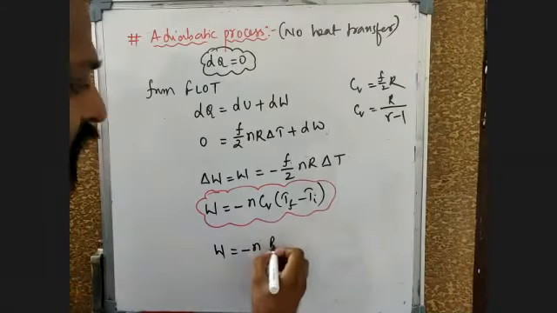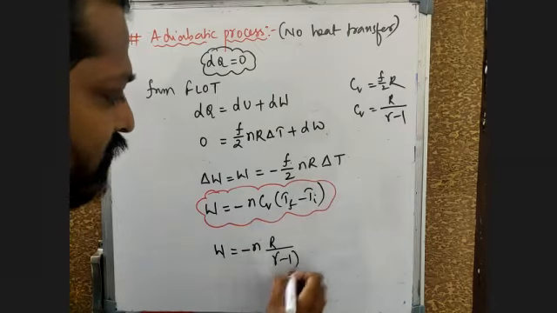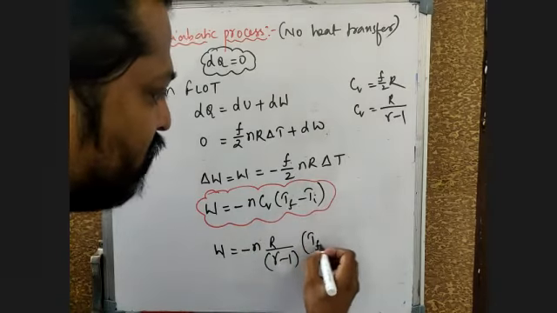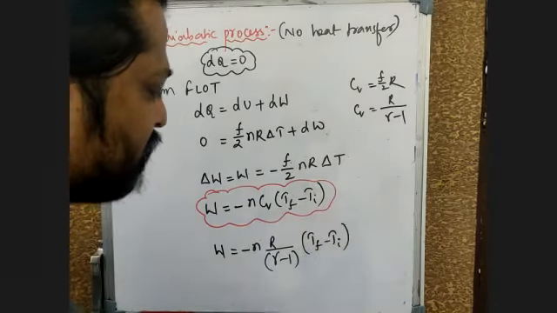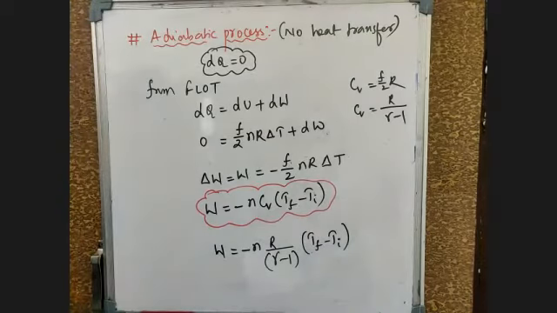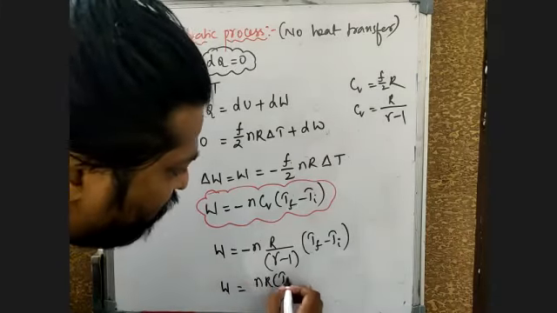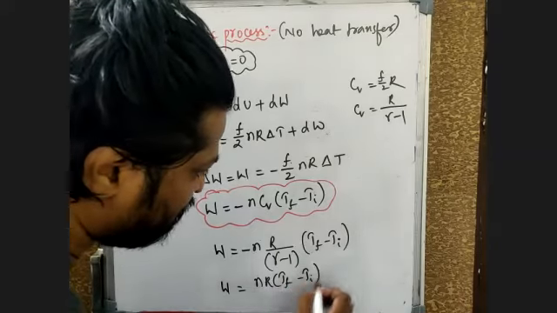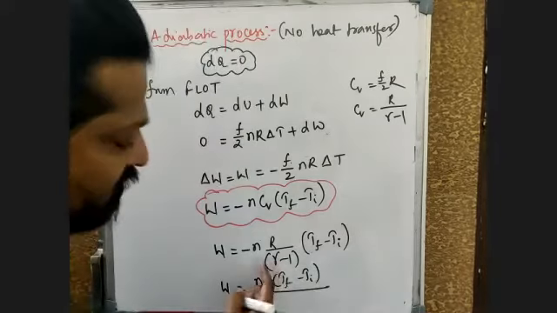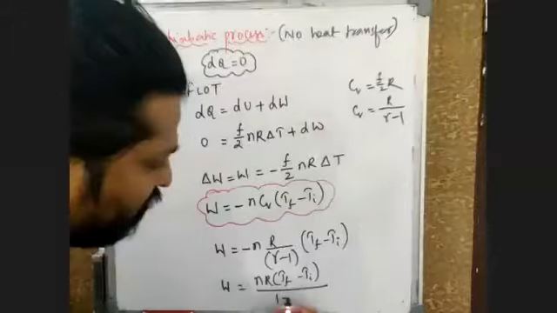So it is R by gamma minus 1 into T final minus T initial. Minus sign is there. Now if I remove the minus sign from this one, I can write W is equal to nR into T final minus T initial divided by, instead of gamma minus 1, 1 minus gamma. Isn't it?